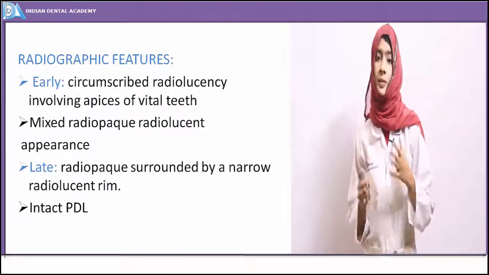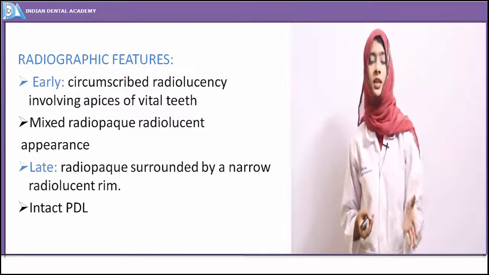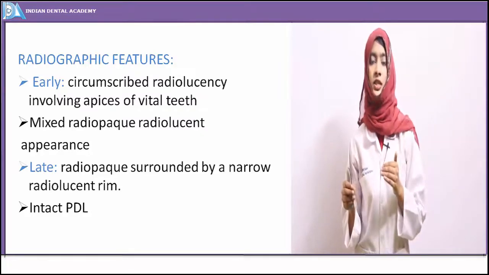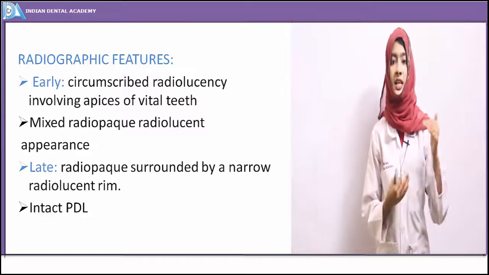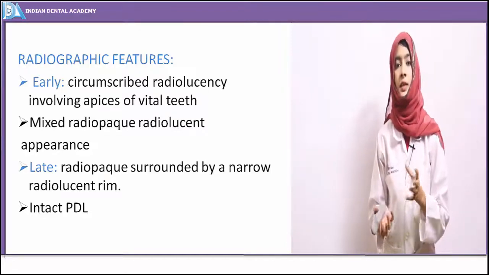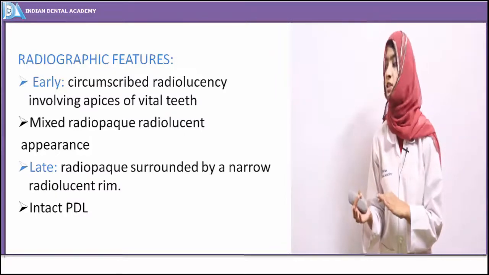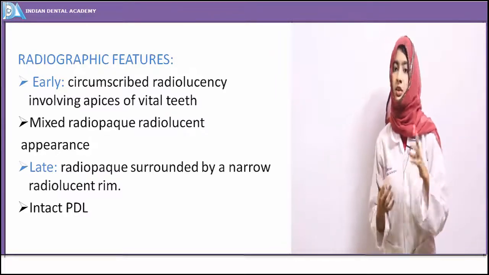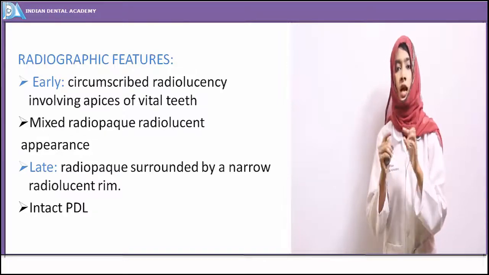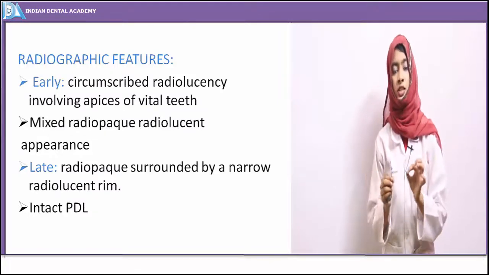The radiographic picture is unique because in the early stages of the disease it is completely radiolucent. In the later stages, as the disease progresses, there is deposition of cementum-like material, then it becomes a mixed radio-opaque radiolucent lesion, and in the later stages it will be a completely radio-opaque lesion surrounded by a thin radiolucent rim.